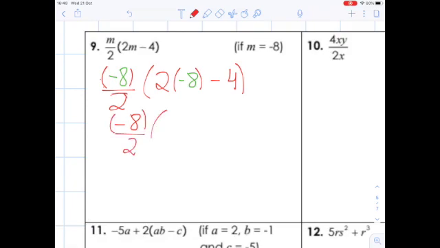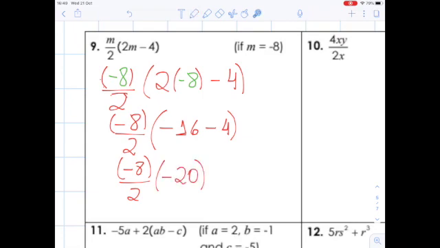So this is going to be negative 8 divided by 2 times 2 times negative 8, which is negative 16, minus 4. Now I am going to complete whatever is inside my parentheses, negative 16 minus 4. So this is going to give me negative 8 divided by 2 times a negative 20.